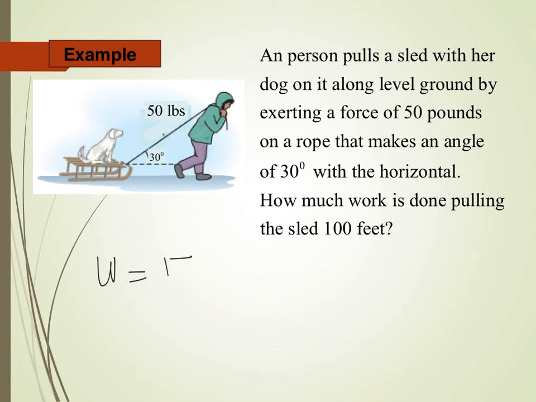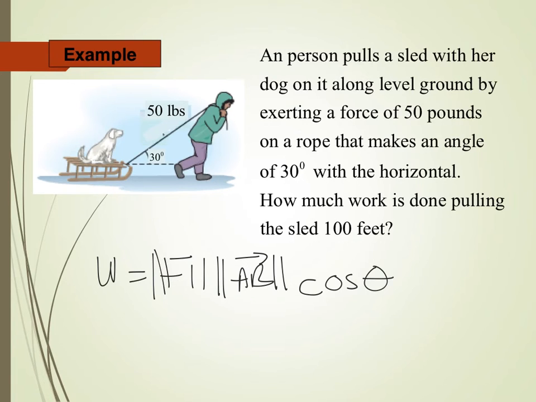So we're going to take the magnitude of the force, the magnitude of the distance over which a constant force is applied, and we're going to take cosine of theta, the angle between the force and the direction of motion.